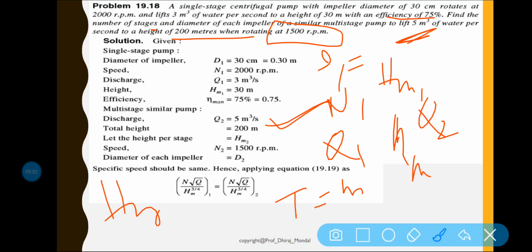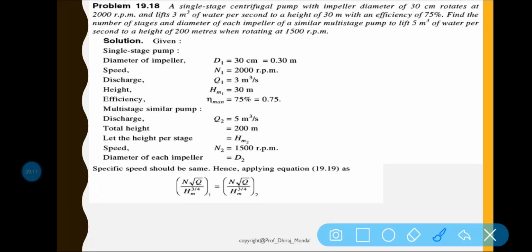Let us consider Hm2 as the height per stage. Now the diameter of the impeller d2 is not given, so you have to find d2. By the help of this equation, which is your specific speed, the specific speed of the model is equal to the prototype, or specific speed for pump 1 is equal to pump 2.